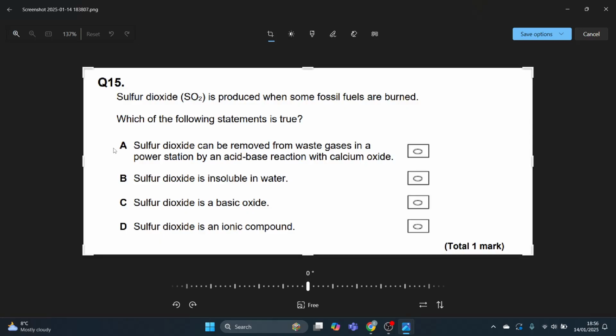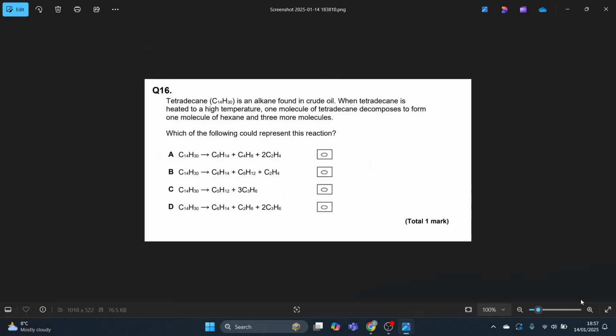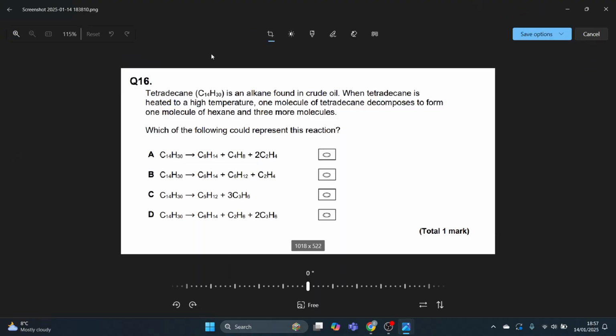Sulfur dioxide can be removed from waste gases in a power station by acid-base reaction with calcium oxide. That is true. Basic oxide, no. Ionic compound, no. Insoluble in water, no.